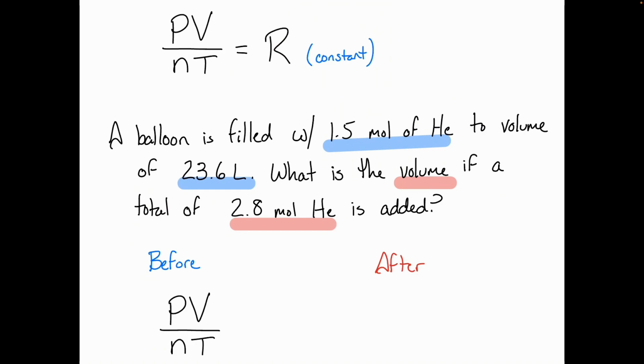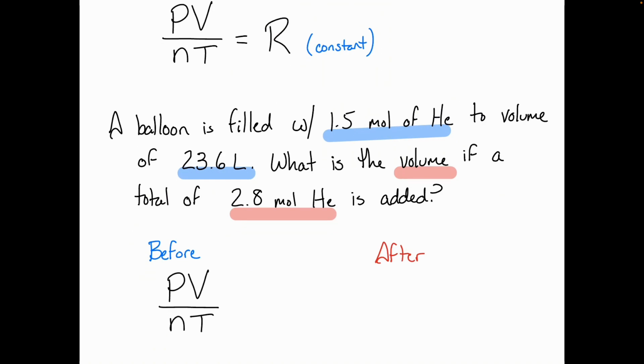So I'm going to mark my befores here. I'm going to call this P1, V1, N1, and T1. My pressure, my volume, my number of moles, and my temperature before this change was made is equal to that constant R, which has to equal the pressure times volume divided by n divided by T after the change was made. So I'm going to call this P2, V2, N2, and T2.